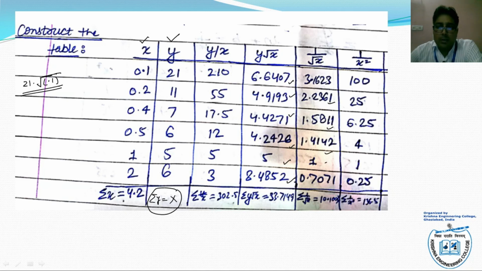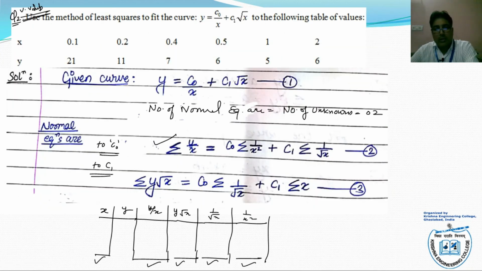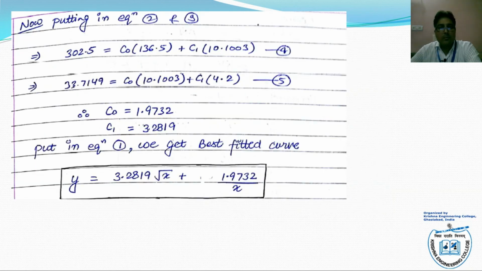10.10039, sorry. And the 1 upon x square, 1 upon x square means 1 upon 0.1 square, that is 100. 1 upon 0.2 square, and again find the value of 1 upon x square, 136.5. Clear? Put these values in the equations, second and third.